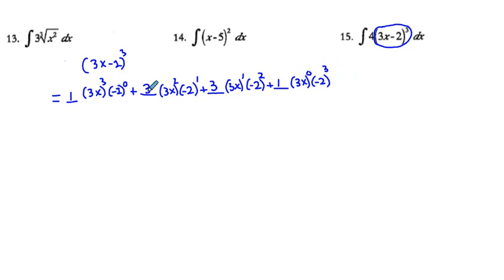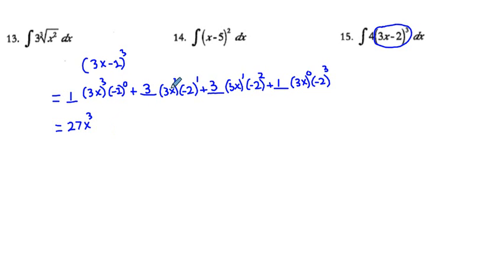And so we just simplify this all out, which should be pretty easy to do. So for the first one here, we have 1 and 3 cubed is 27. So we're going to have 27x cubed. And this negative 2 to the 0 power, that's 1.